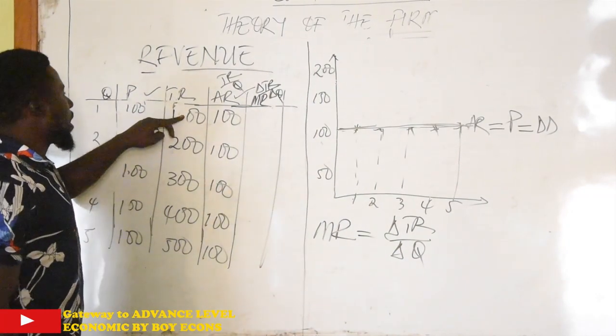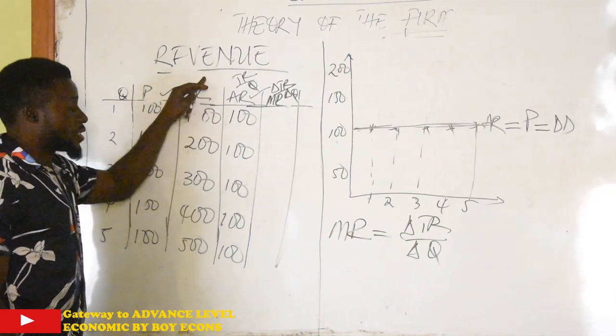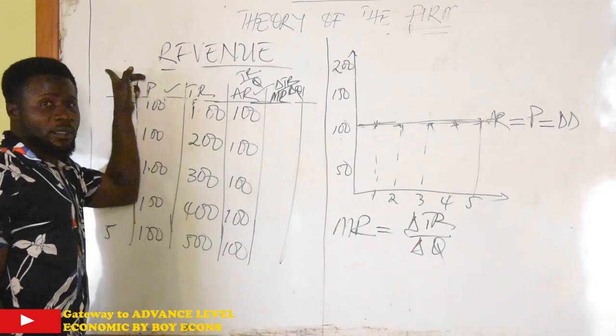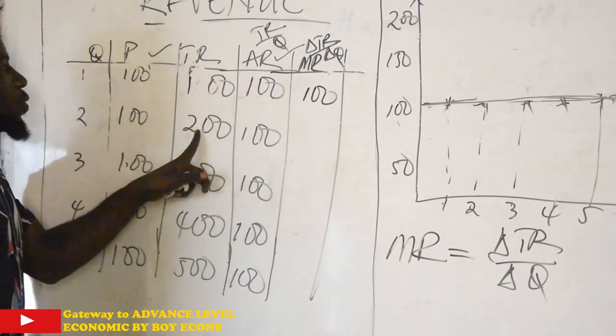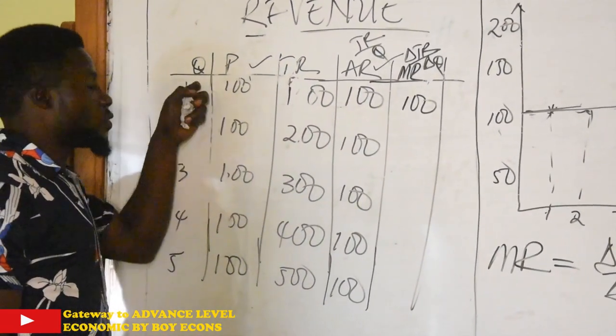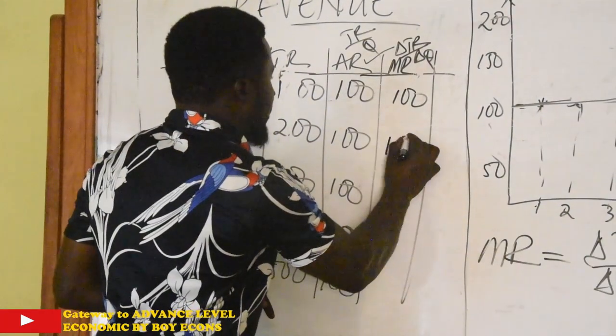So we take 100 minus nothing before 100. 100 minus 0 is 100. 1 minus 0 is 1. So 100 divided by 1 gives us 100. 200 minus 100, it gives us 100. Divided by 2 minus 1 is 1. 100 divided by 1 is 100.